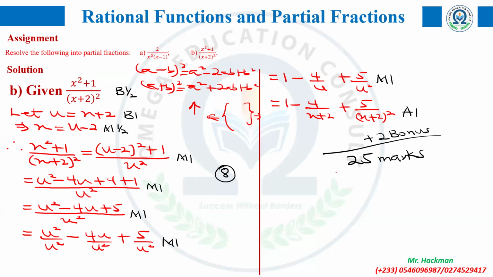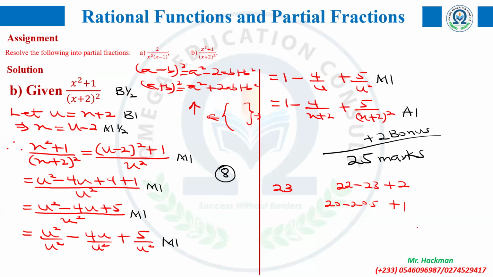Now, the total marks is 8. This is how I'm going to distribute the bonus mark. If you sum, on the face of it, we are supposed to get 23. However, if you get 22 to 23, you get the bonus mark of 2, so plus 2. If you get 20 to, let me say 20.5, you get a bonus mark of 1.